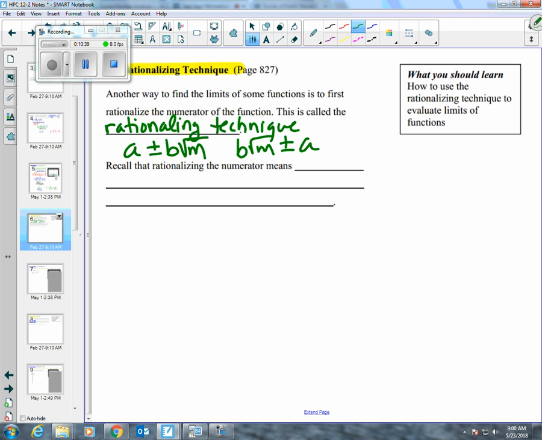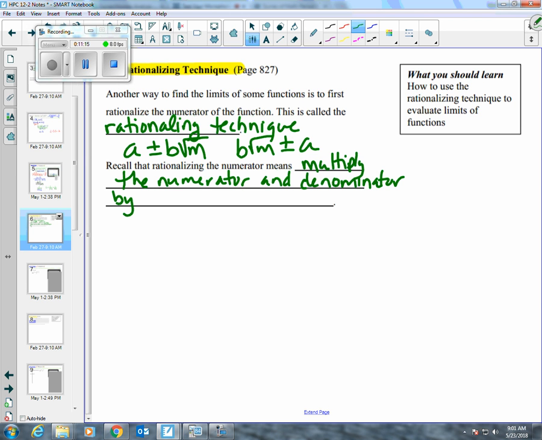When we rationalize in that situation, we multiply by the conjugate. So we're going to be actually usually rationalizing a numerator when we're doing this to try to change things out, but it could be rationalizing a denominator as well. So what it basically means is this: you multiply both the top and the bottom, so the numerator and the denominator, by the conjugate of the numerator. And it might seem weird to do that by the numerator, but it's important to recognize which part you're trying to change.